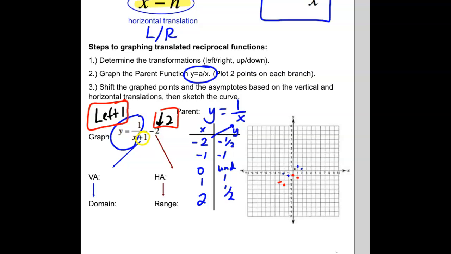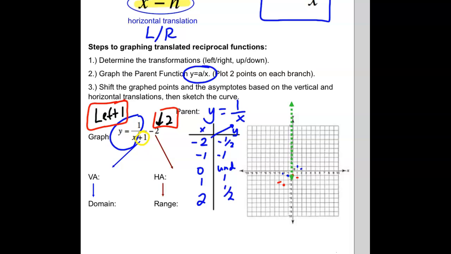Now remember that the asymptotes are going to move along with the points we've graphed. So initially we had a vertical asymptote. Let's get a dotted line in here. We had a vertical asymptote right on the y-axis, and we had a horizontal asymptote right on the x-axis. But those are going to move as well.